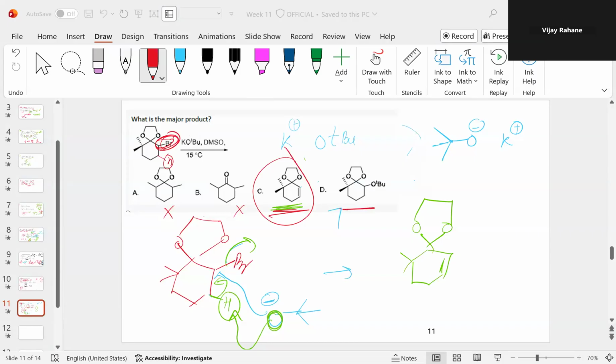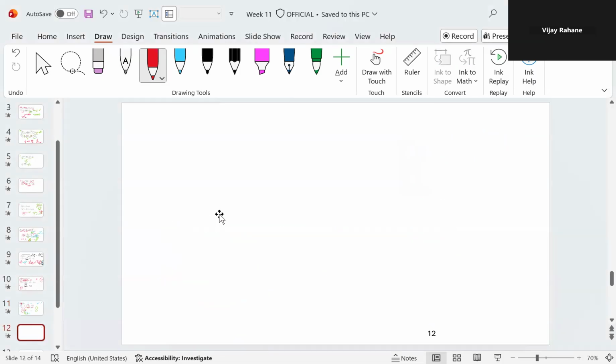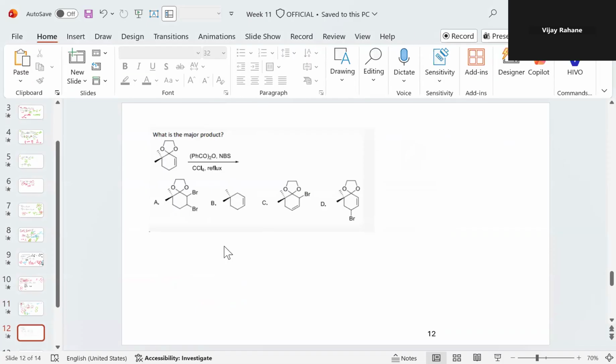In a similar manner, we have a very similar question based on the same subset. So basically, we did the reaction of this. This is PhC(=O)OC(=O)Ph, so this is the anhydride, and NBS is N-bromosuccinimide, which is the source of electrophilic bromine.